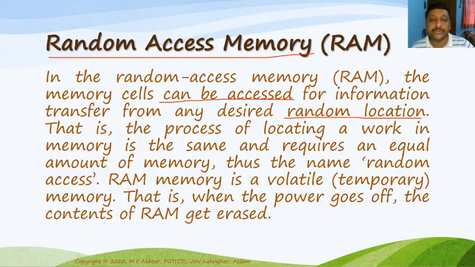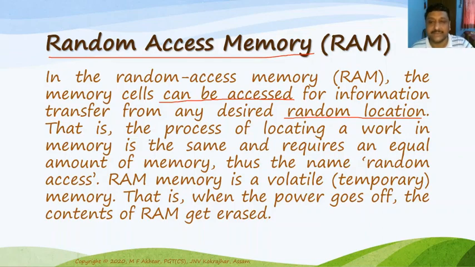We don't have to go sequentially one by one to reach it. Suppose some information is stored at address byte 10,000, then we need not go through 1, 2, 3, 4 like this. We just directly go to address byte 10,000 and get that data at once. That's why it is known as random access memory, and it is the fastest memory in the computer.